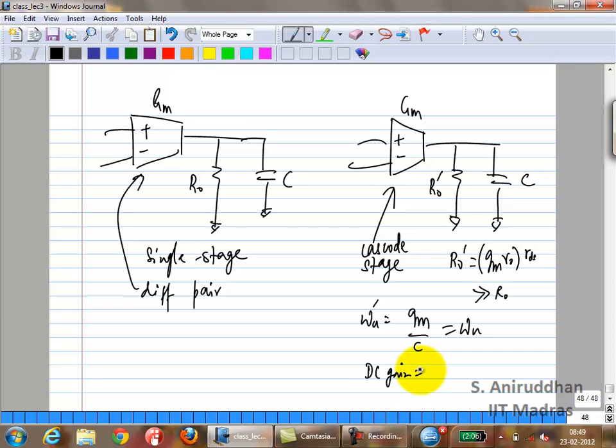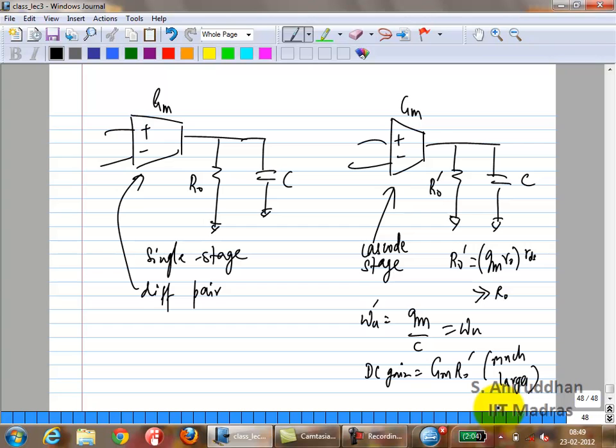Now it is basically GM R naught prime, which is much larger. So now you have increased your DC gain a lot.